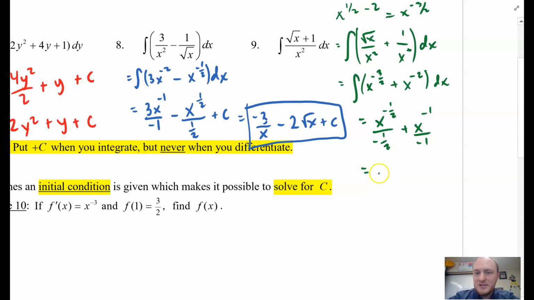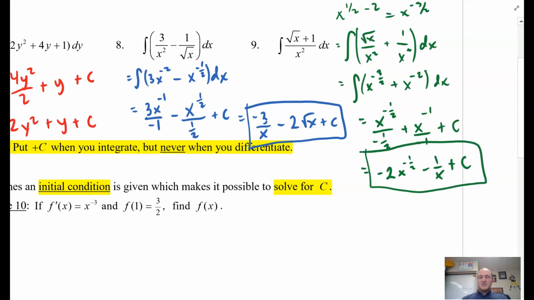Okay, so this gives us -2x to the power of -1/2 minus 1/x plus c. I almost forgot my plus c, but I didn't.